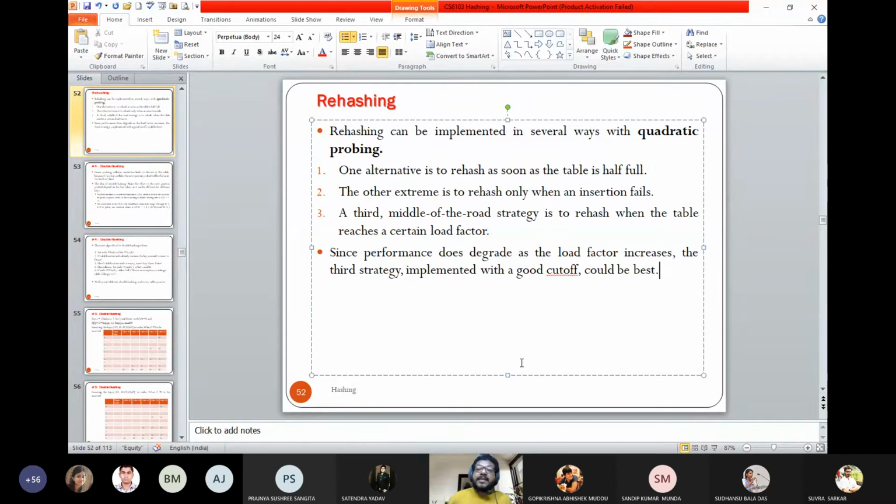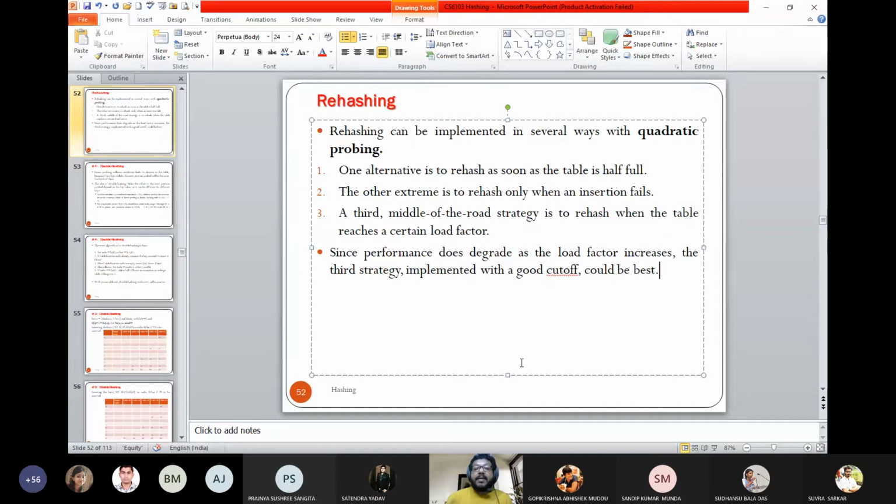The second says, you go on inserting until you find the clustering effect is more, or you fail to insert a key, because when I am inserting, I am experiencing collision, but my collision resolution technique is helping me to insert the item. But there are situations where the collision resolution technique also fails to insert. I mean, some empty spaces are there, but you never land in that space because of the hash function.